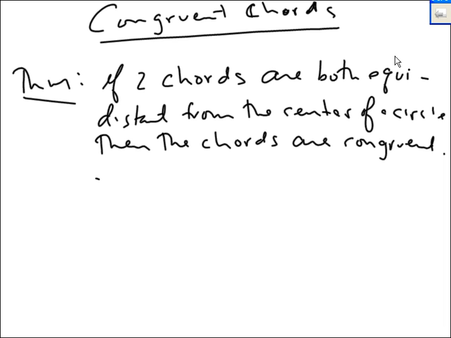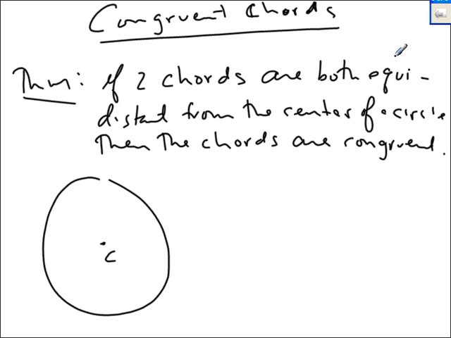Okay. You have a circle. You have the center, which I'll call C. And you have one chord, and you have another chord. They don't have to be parallel. Let me just move C over a little bit.